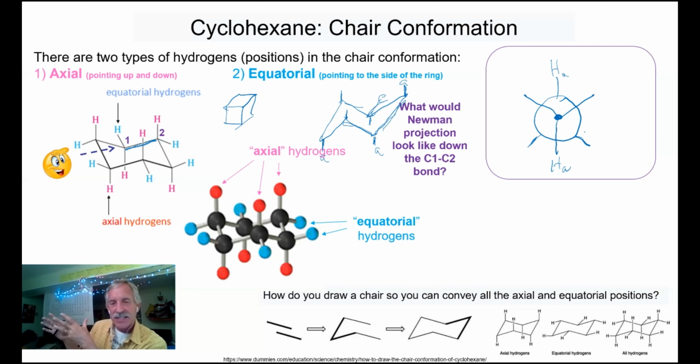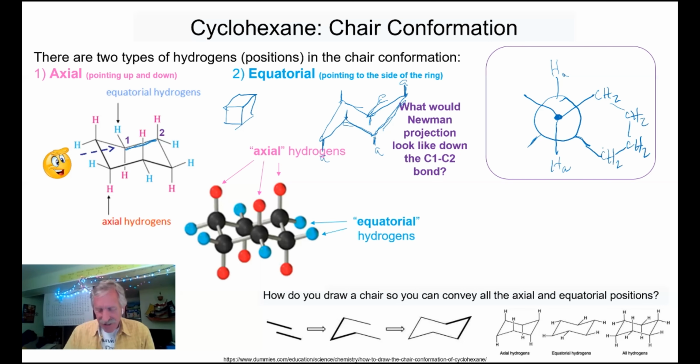because that's where the bulk of the chair is. So on your Newman projection, I want you to write the bulk of the chair: CH2, CH2, CH2, 1, 2, 3, 4, 5, CH2. All of that chair has to be to the right.